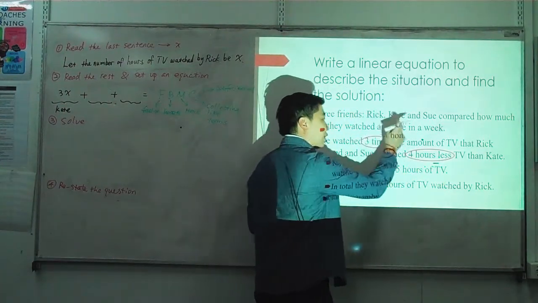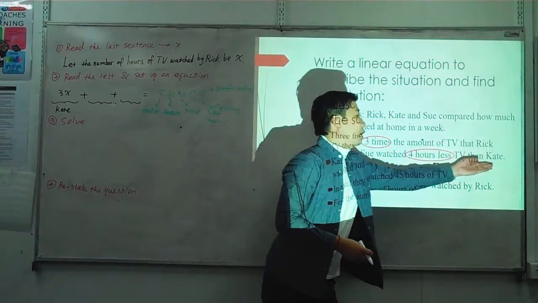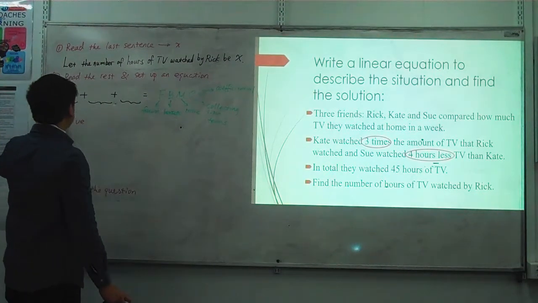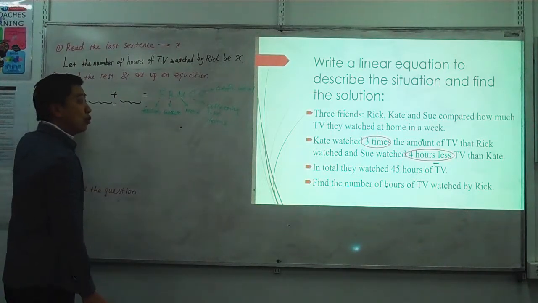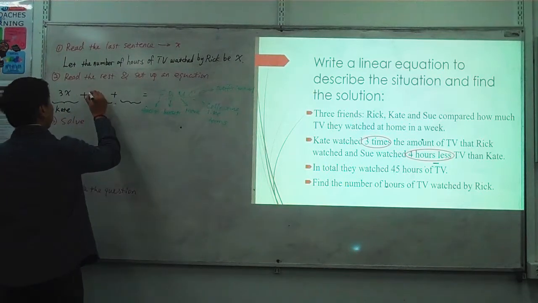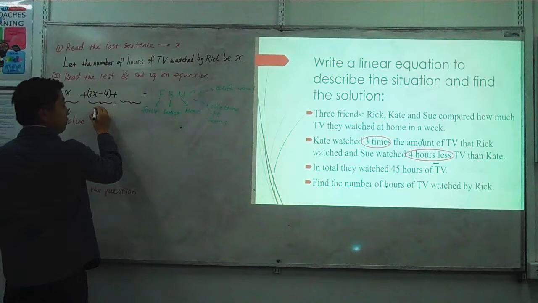Times is multiplication. Less means takeaway. Okay? Now, we know how many hours did Kate watch here. Kate watched 3x hours. So Sue watched 4 hours less than Kate, which is 3x takeaway 4. So this is for Sue.